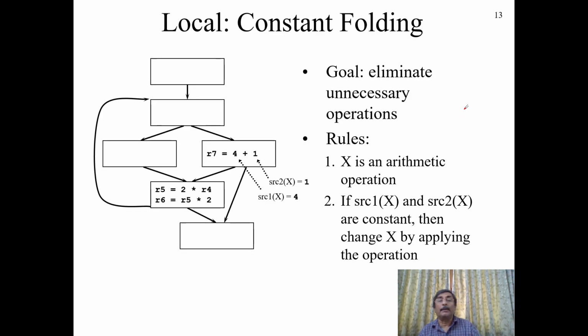We may not look at all the blocks at a given point of time, but nonetheless our blocks are like this. We will not show you the content of the block at one shot, because right now we are doing local optimization. Now point is, why will somebody write R7 equal to 4 plus 1? Nobody will write like that.